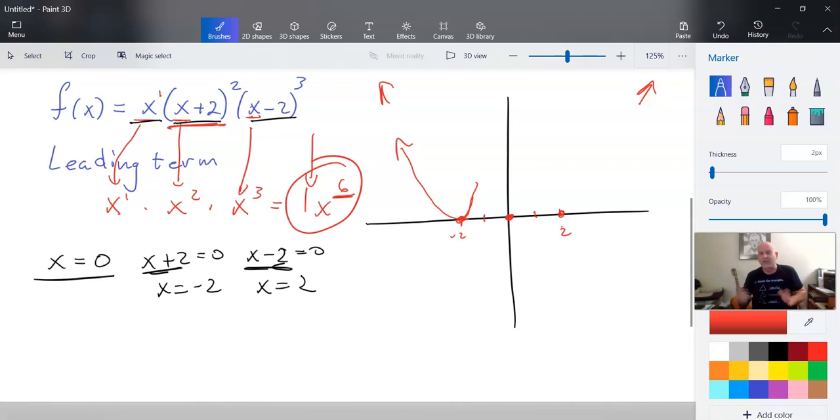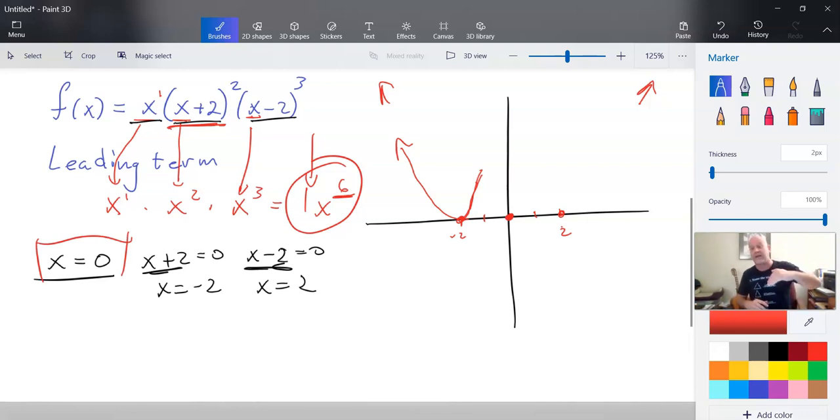Now, it's possible you have to get an exact turnaround point or a better estimate, you may have to plug -1 into this function to see what you get. But let's take a look here. So it goes up. I know it has to come back down, and then it's going to hit 0 right here. So the factor x is the one that gave me 0, and that has an exponent of 1.